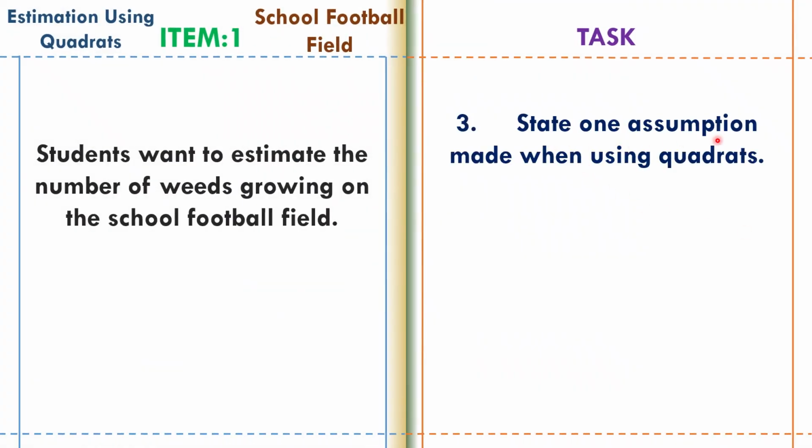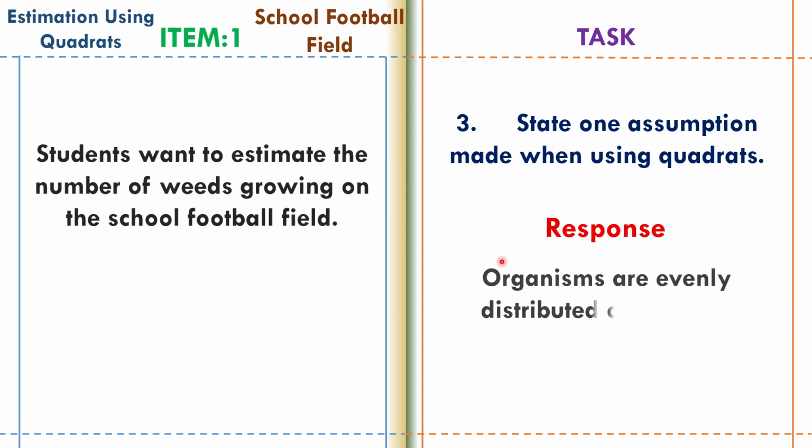State one assumption made when using quadrants. Organisms are evenly distributed or sampled representatively. Estimation using quadrant, item 2.